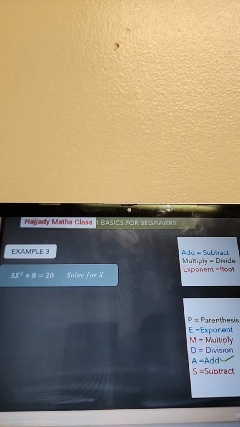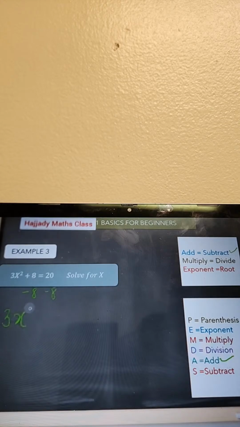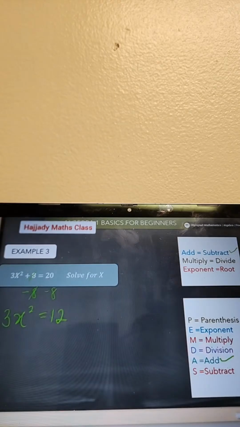Yes. If you have addition, you introduce the subtraction. That is, you subtract 8 from both sides. And here we have 3x squared, the 8 cancels out this 8, equals 20 minus 8 gives 12.